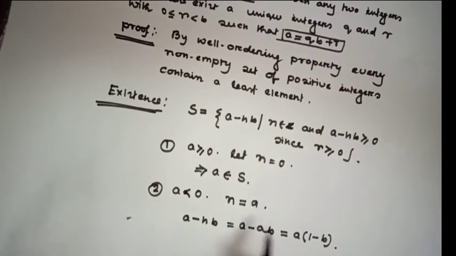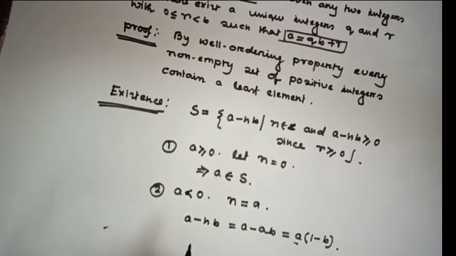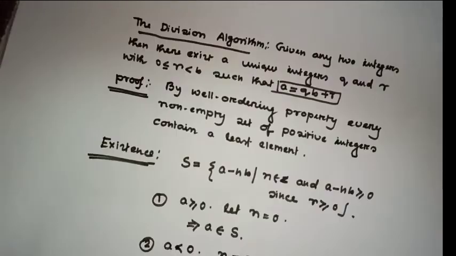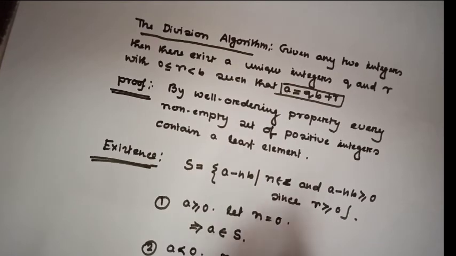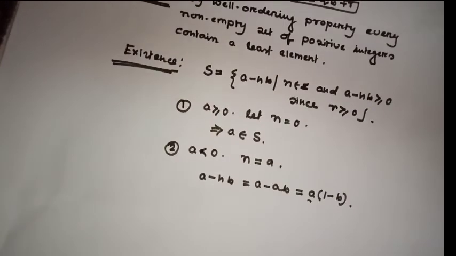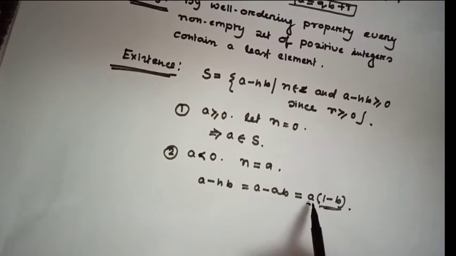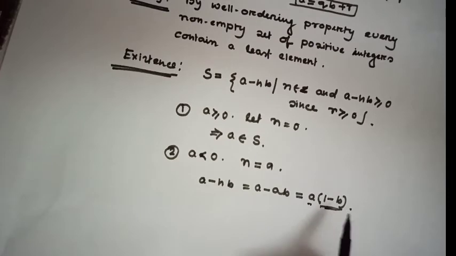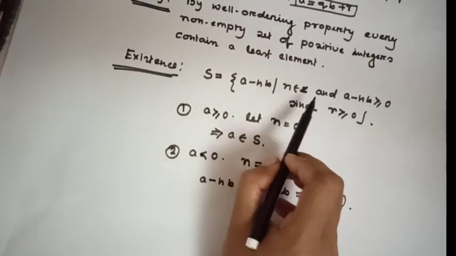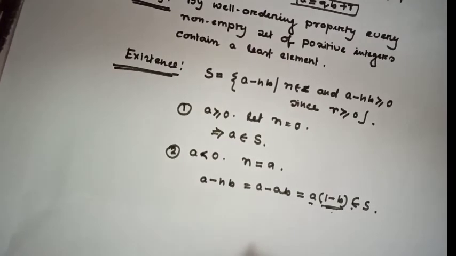And this is negative, and in the statement b is always greater than 0, that means 1 minus b is also negative. Negative multiplied by negative means this is positive. So this belongs to the set.